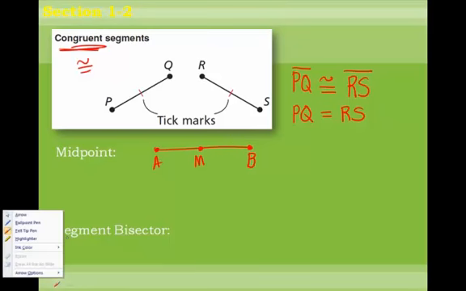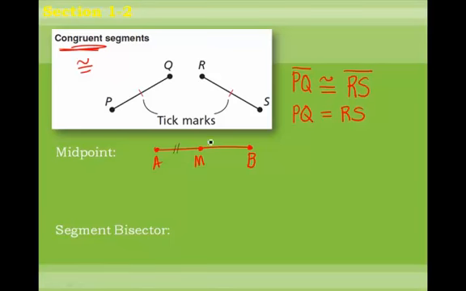So I could put two tick marks on this and two tick marks on here, and that would be indicating that M is the midpoint, or the point directly in the middle, and that point M divides segment AB into two congruent segments.